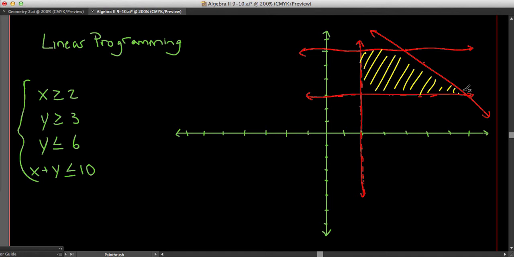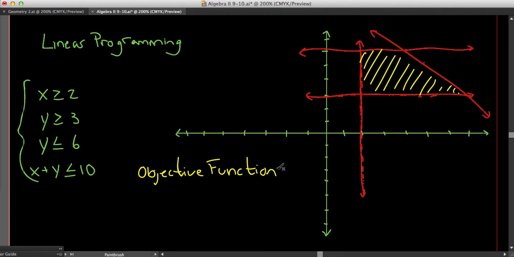So the quantity that we're trying to maximize or minimize using linear programming is usually represented with an objective function. This can many times be represented as a cost or a profit, if you think about it in economics terms.